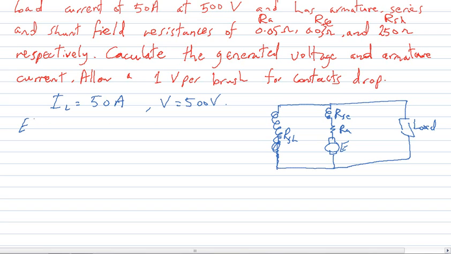Then E, the generated voltage, is equal to the voltage across the load plus armature current multiplied by armature resistance plus the series resistance, plus the voltage drop across brushes, V brush, because he mentioned that there is a voltage drop on the brush, which is this one and this one.